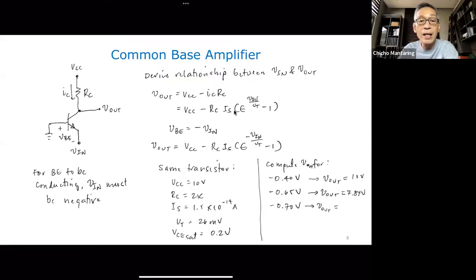Okay, I got V in plus 0.2. Okay, I got 0.2. Any other answers? 0.2. Minus 0.5. Okay, I got the correct answer from one of you. The answer is minus 0.5.